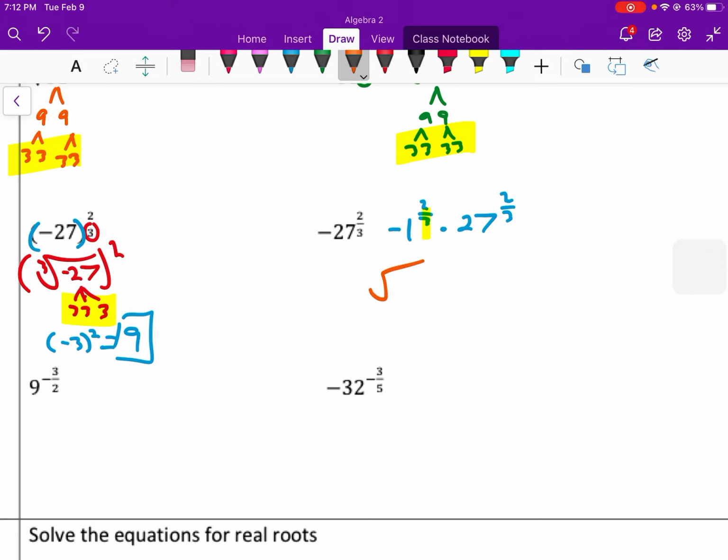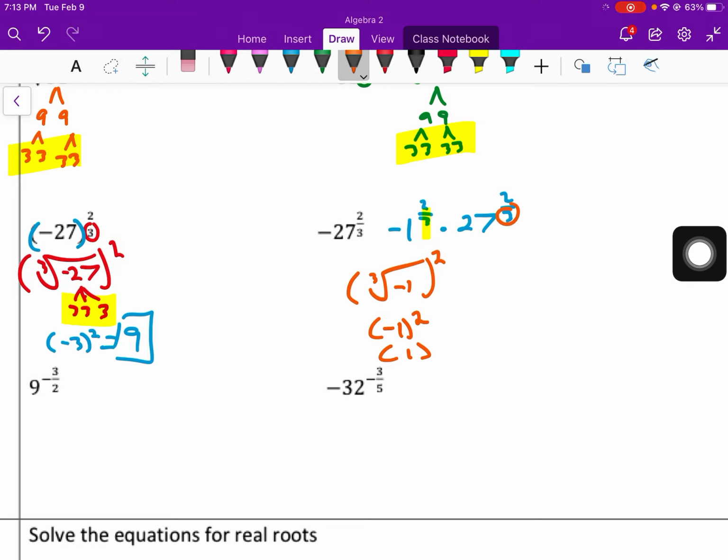Our index in this first one is cubed, well, for both of them, but this is going to be the cubed root of negative 1 squared. So the cubed root of negative 1, since it's cubic, we can have a negative. So it's going to be negative 1 squared. And then when we square that, we're going to get just 1 because negative 1 times negative 1 is 1.